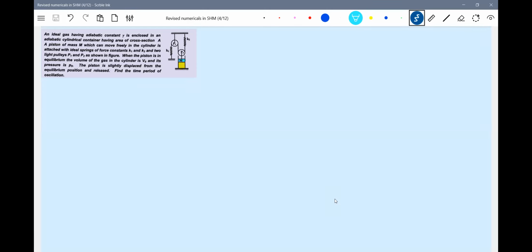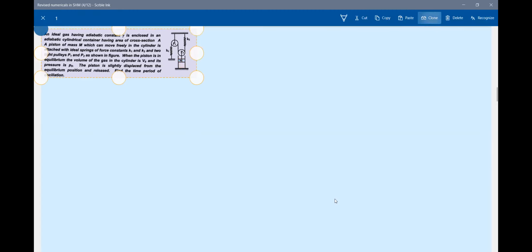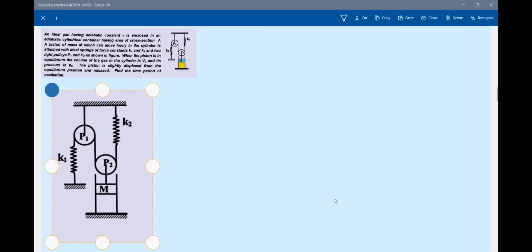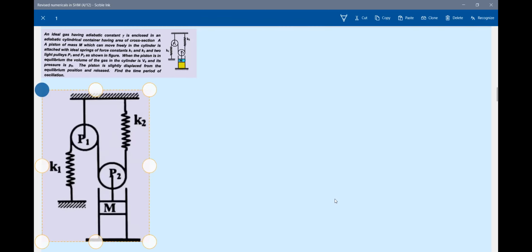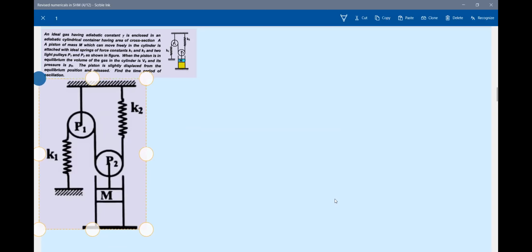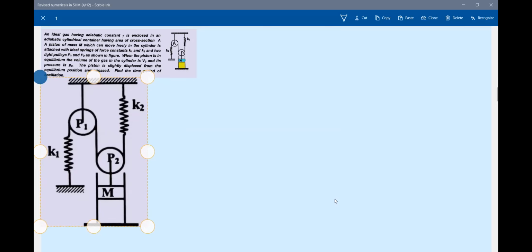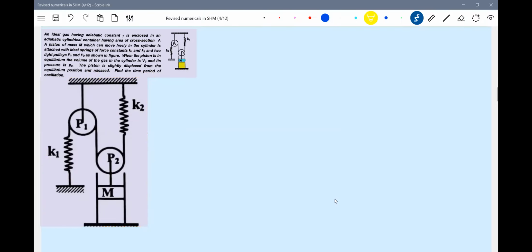First of all, we should get the constraint equation. So how the displacement of piston... Okay, this will be the gas.